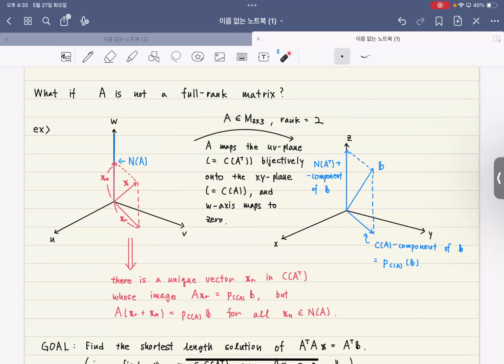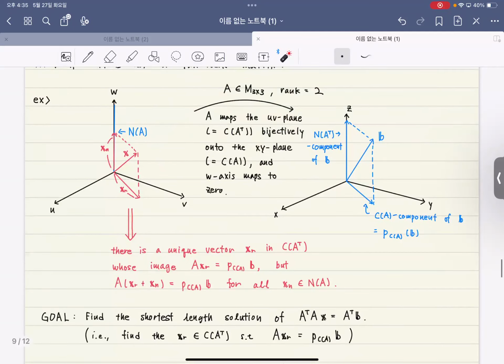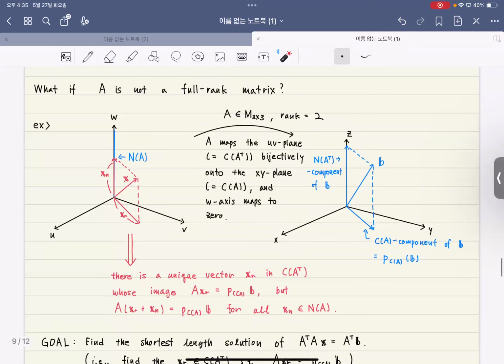So if A is not a full-length matrix, there is still a vector XR in the row space whose image is this one. This is a unique vector XR in the row space. However, XR plus any arbitrary null space vector Xn has the same image as XR, right?